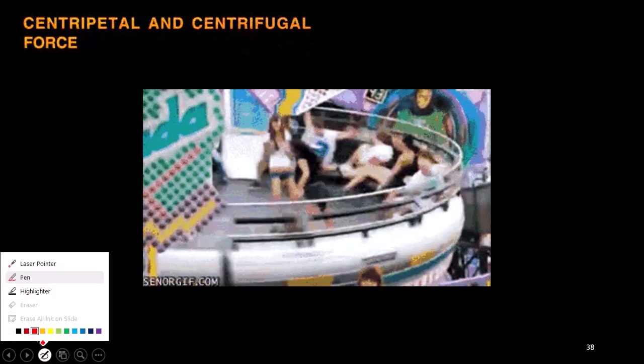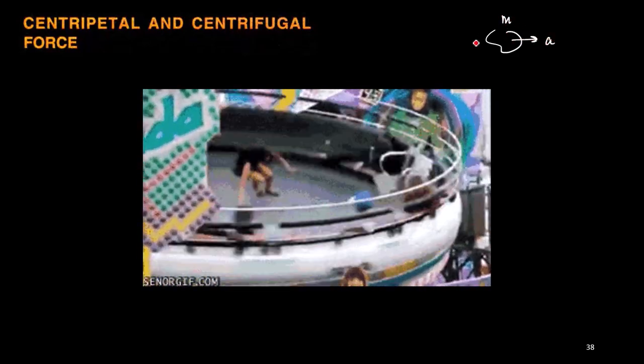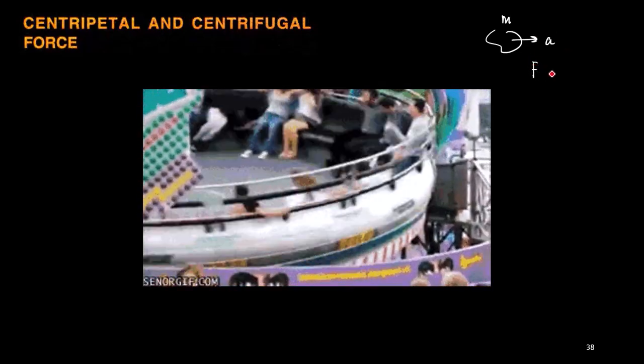Now it gives the idea of the centripetal and centrifugal. From Newton's law of motion, whenever there is an acceleration, let us say there is a body whose mass is m moving with an acceleration, then in order to produce that acceleration there must be some force. That force is equal to mass into acceleration.